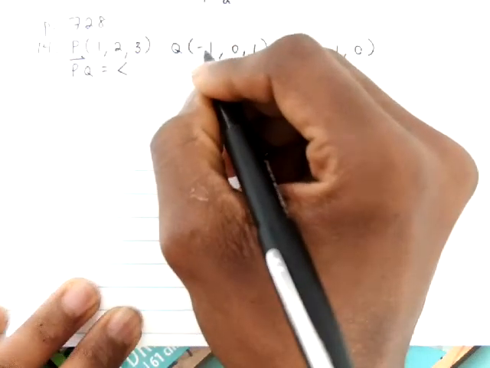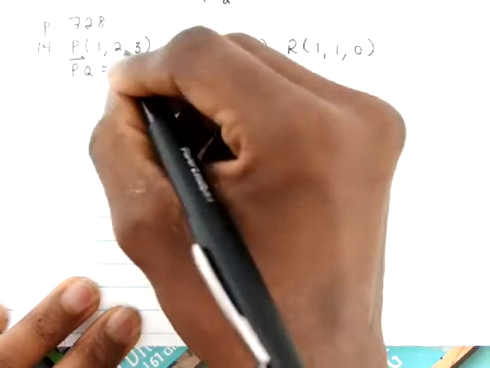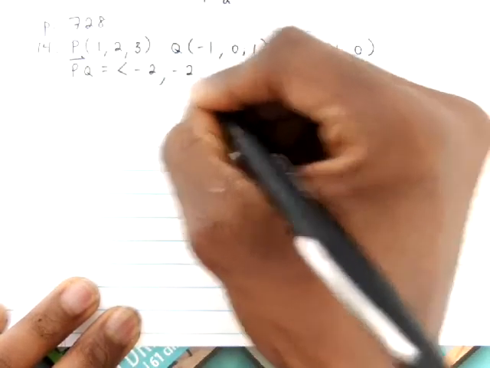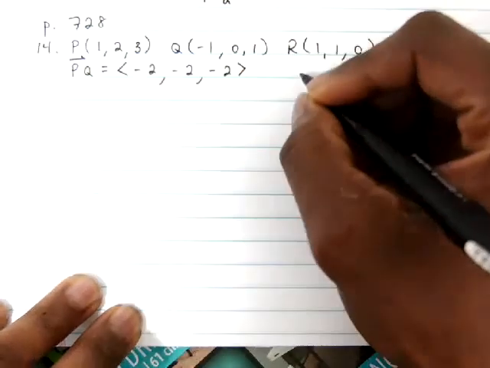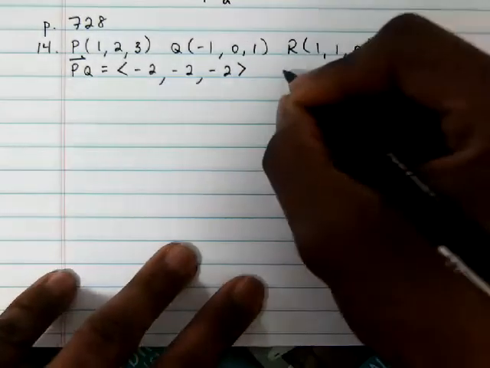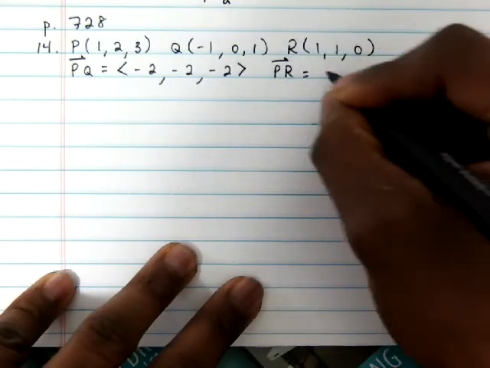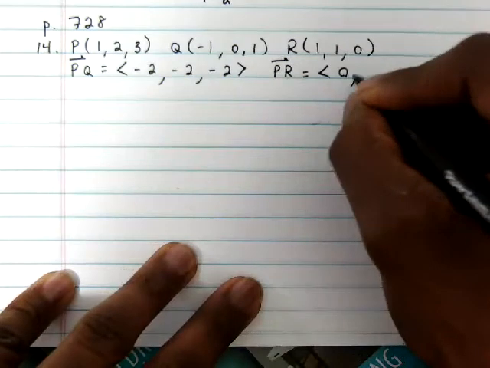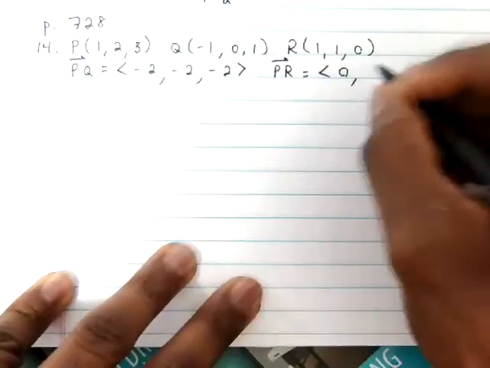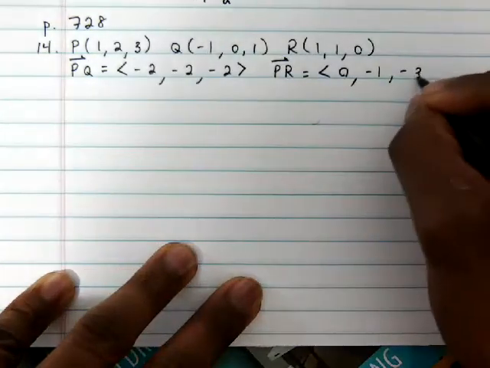So PQ is going to be -1 minus 1, which is -2, then 0 minus 2 is -2, and then 1 minus 3 is -2. And then PR is the other vector that we want. So PR is 1 minus 1, which is 0, 1 minus 2, which is -1, and then 0 minus 3, which is -3.